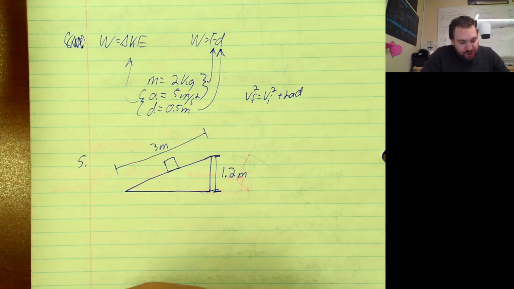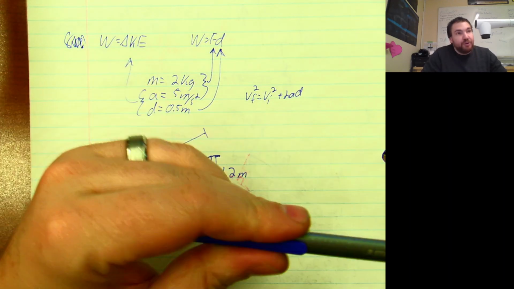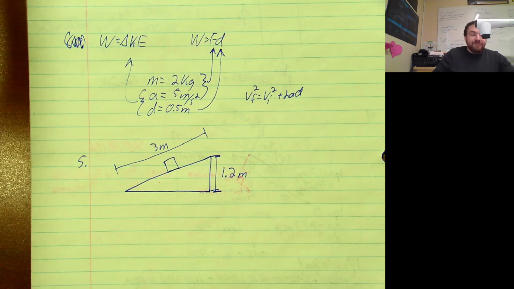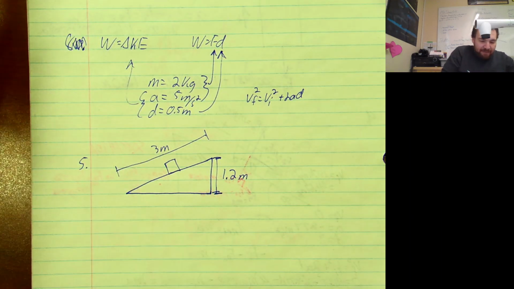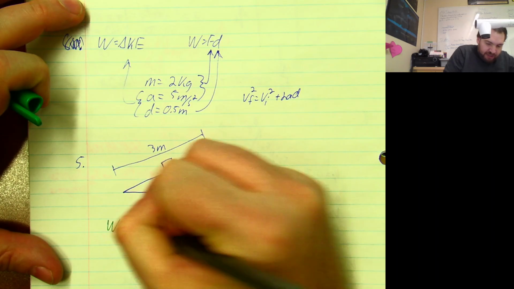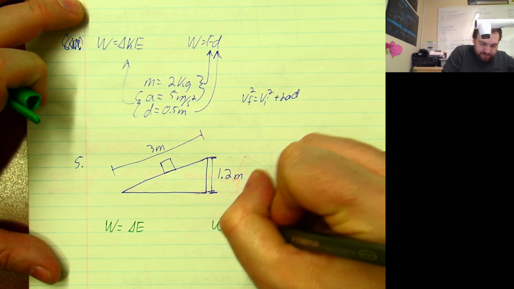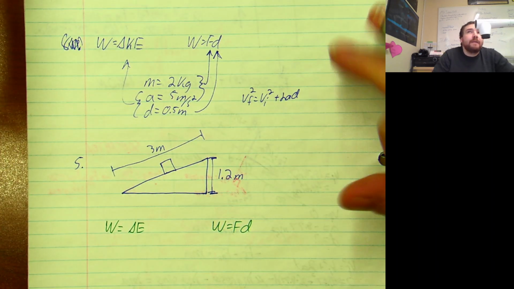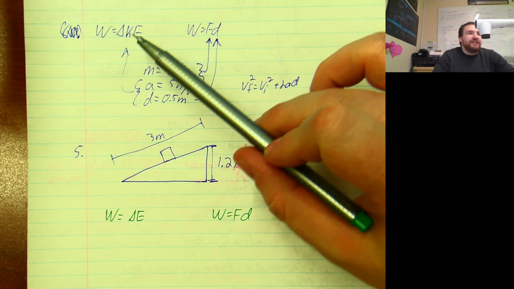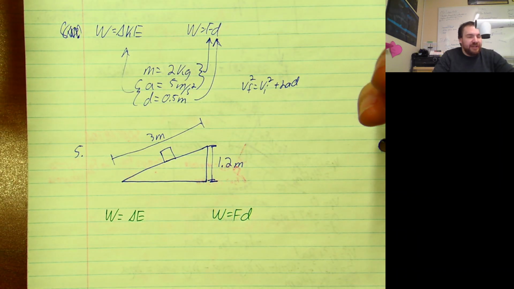So there's 2 ways you can approach this particular question, the same 2 ways that we looked at previously. Either we're going to use work is equal to the change in energy, or work is going to be equal to a force times a distance. In the previous one, I knew it was going to be a change in kinetic energy because we're accelerating an object.